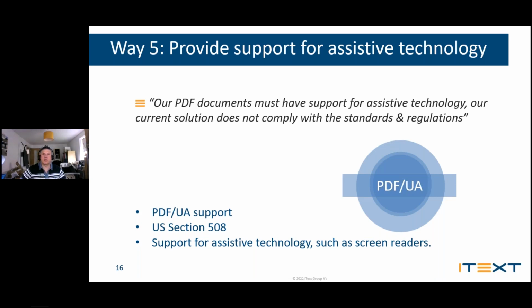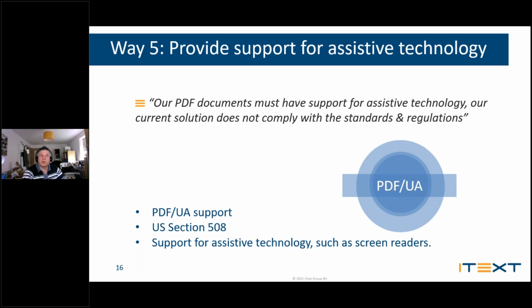So for us, it's very important to follow standards in different governments and different countries. US Section 508 requires that the federal government procure, create, use, and maintain information technology that is accessible to people with disabilities, regardless of whether or not they work for the federal government.